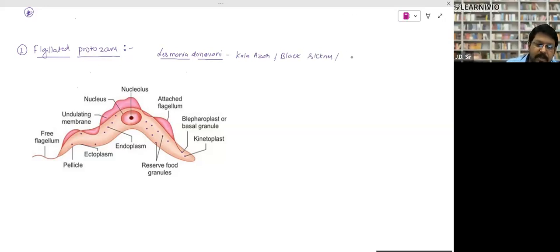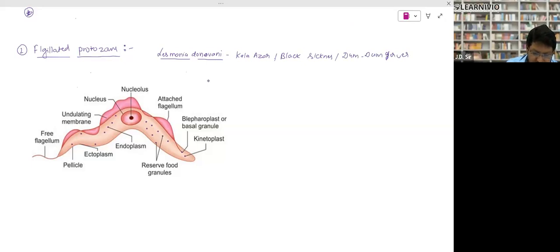This disease is basically found in the African continent. It is a very dangerous disease. Even people die because of this disease, right?